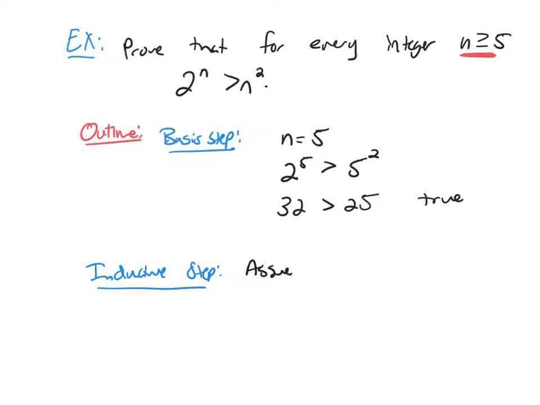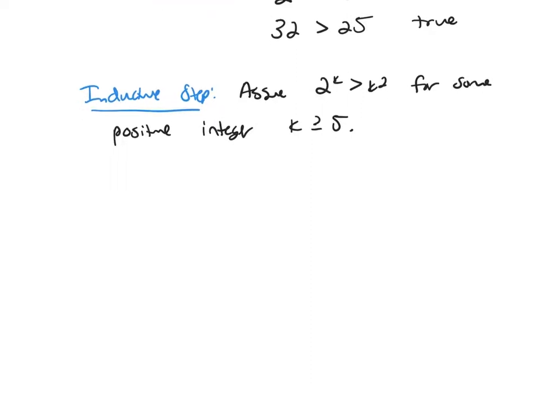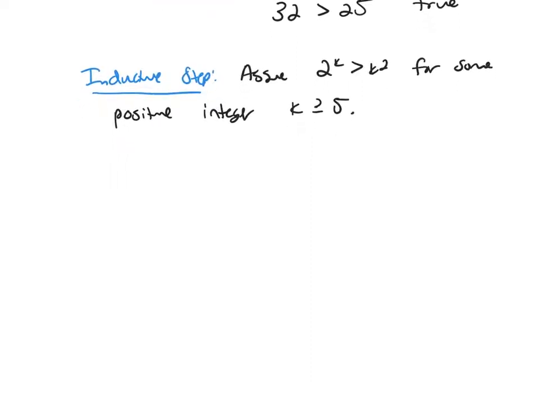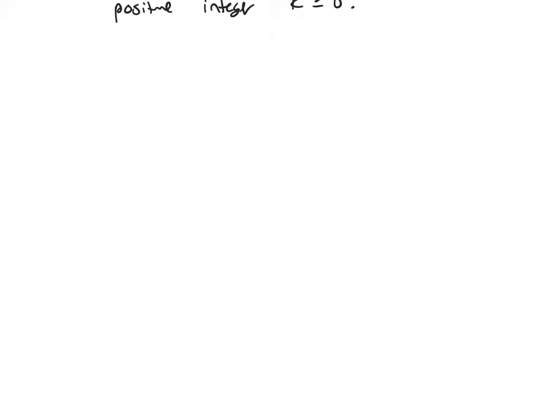You're going to assume that it's true for some positive integer k that's at least greater than or equal to 5. And then in the end, we're going to remind ourselves, right, at the end of this, what do I need to show?